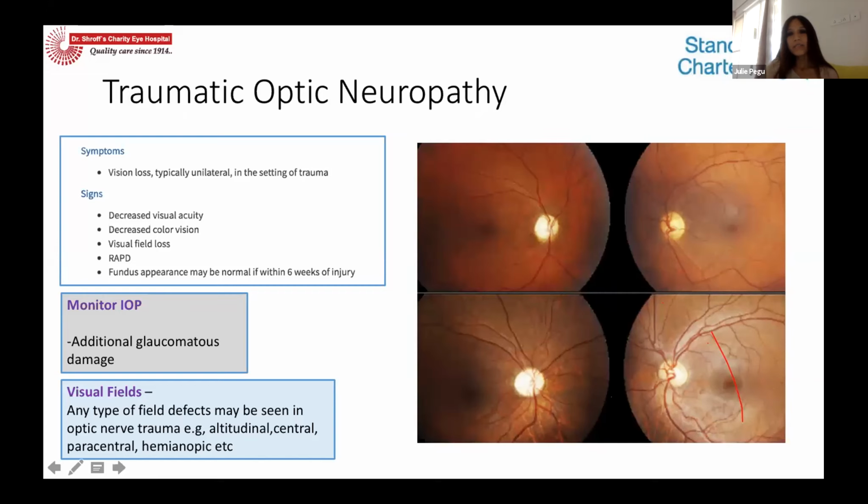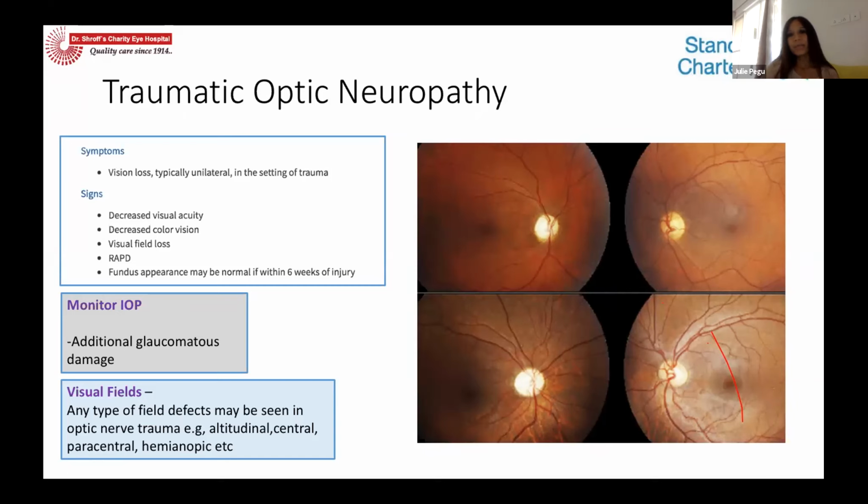The next differential diagnosis would be a traumatic optic neuropathy. Obviously, in this case, there may be some amount of vision loss depending on the severity of trauma, and it's typically unilateral, and definitely the patient will have a history of trauma. The patient will also have decreased color vision and visual field loss, which may not be very typical.